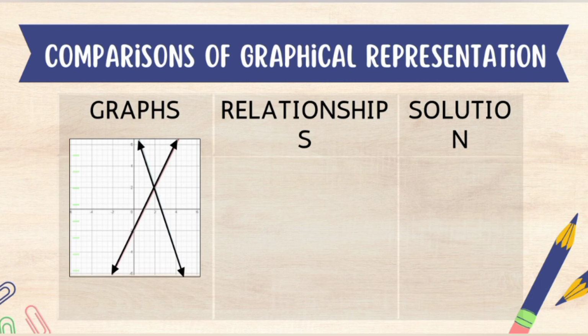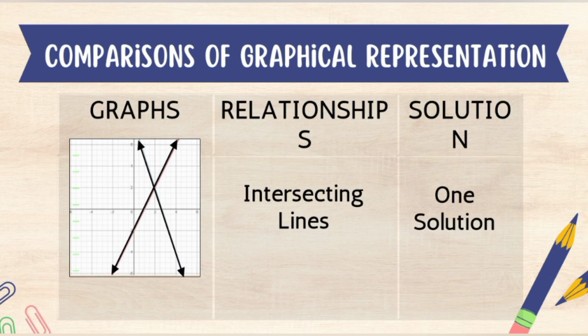The relationship of this is intersecting lines, and it has one solution, which means that the values of x and y make both of the equations true. When you apply the values of x and y in each of the equations, both make the equation true.